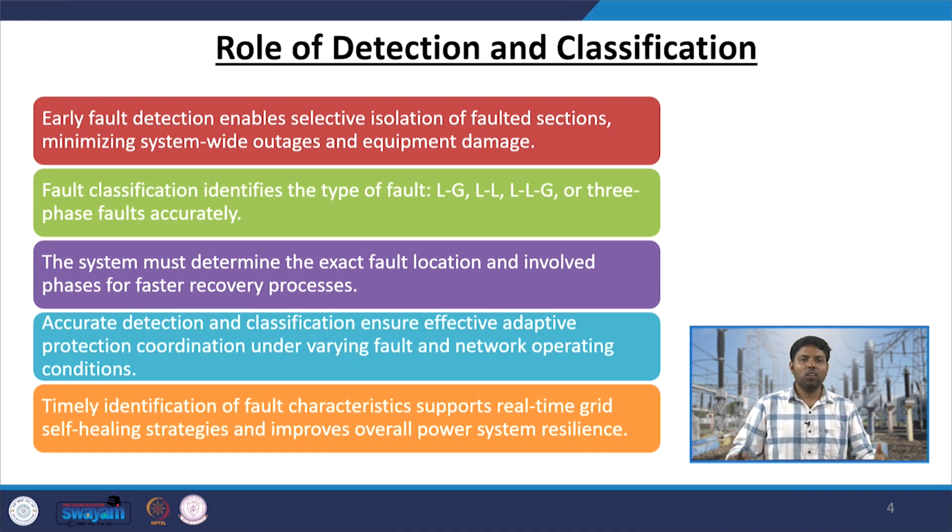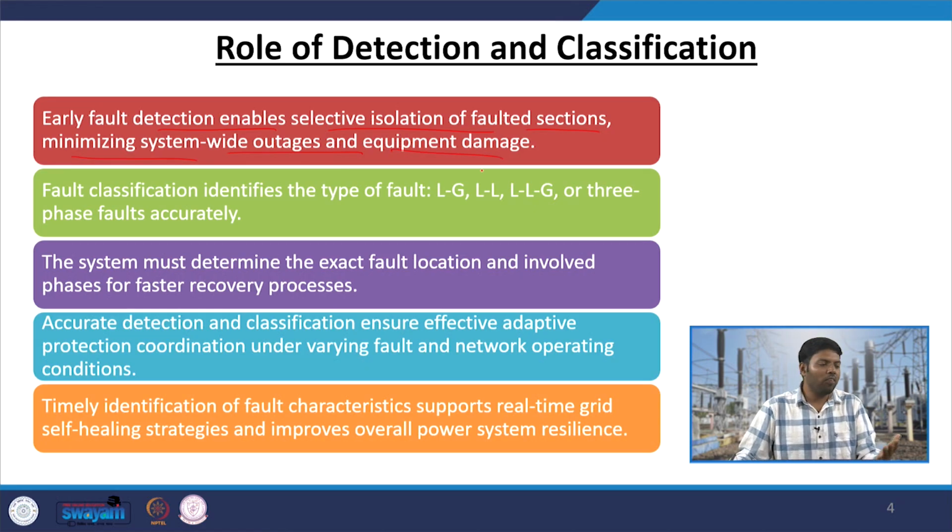So, what is the role of the detection and the classification algorithms, whatever we have designed or are going to design? Fast fault detection enables selective isolation of the faulted sections, minimizing system wide outages and equipment damage.